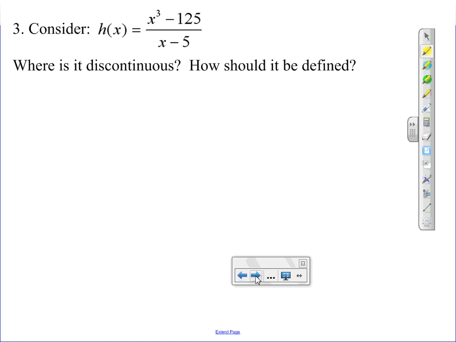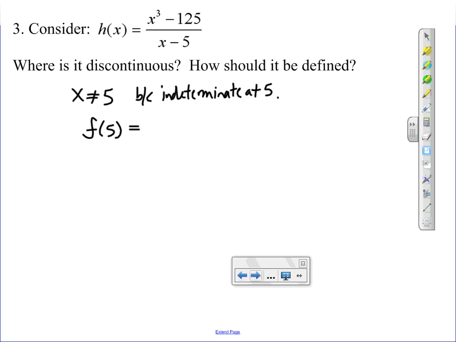What about this question? Where is it discontinuous? Well, x can't be 5, because it's indeterminate at 5, so I'm going to find the function's value there. After we cancel out the x minus 5, you're going to be left with x squared plus 5x plus 25 when you do SOAP on the top.